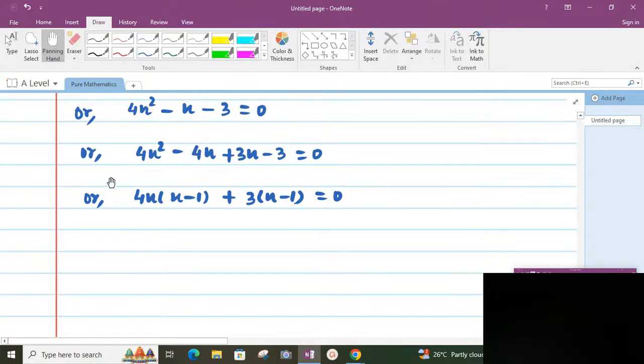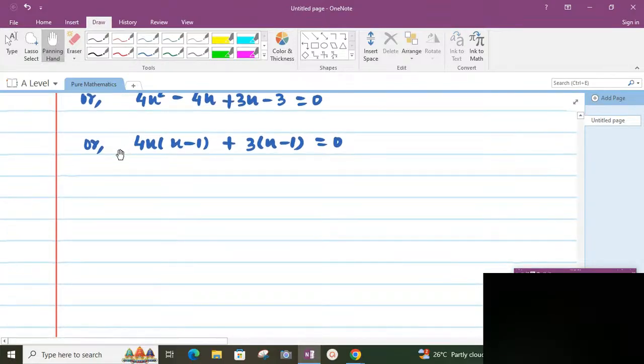Here next step will be x minus 1 and 4x plus 3. Of that there is no problem to understand up to this step.